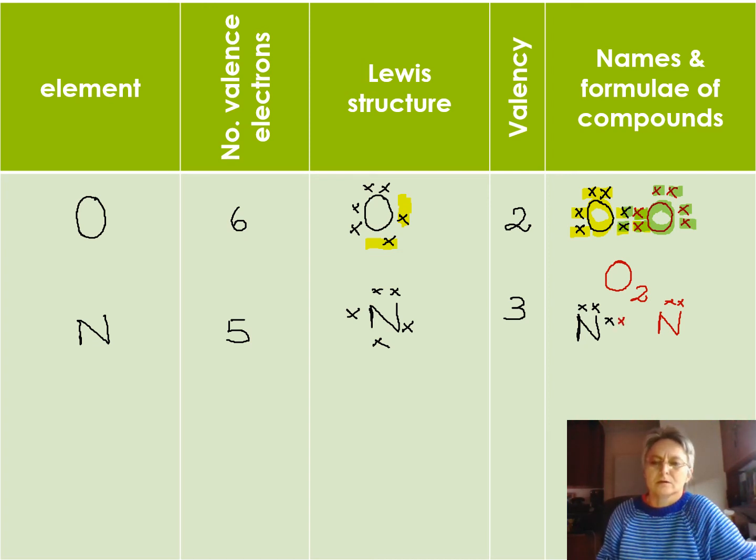So here we go. Sharing of electrons taking place, and another sharing of electrons taking place. This is the only way we can represent the electrons being shared. So nitrogen is also diatomic because it makes it stable.